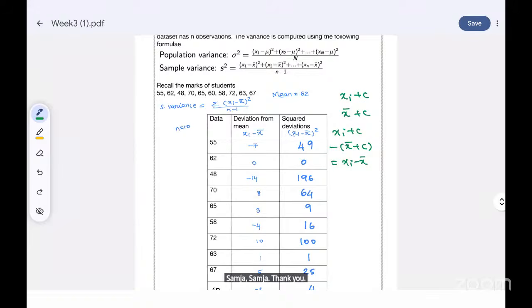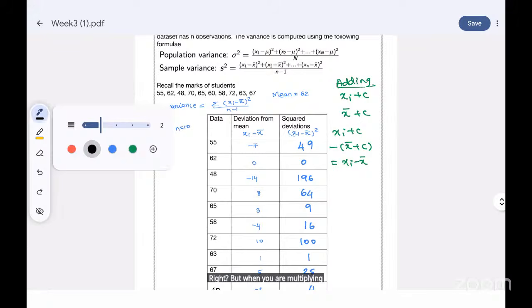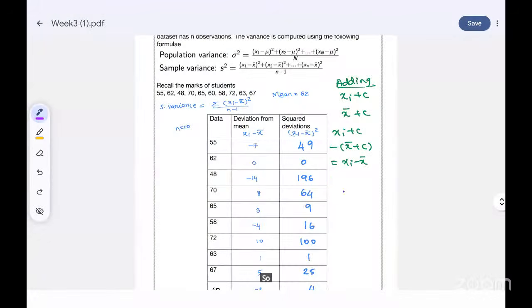Now, what will happen when multiplying by a constant? c square into the old one. Yes, there you have to be careful. When you are multiplying, it is different. Your xi will become cxi and your x bar becomes cx bar.